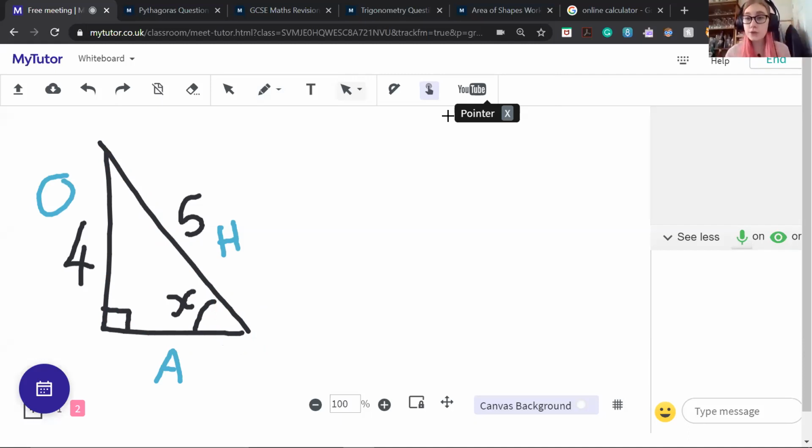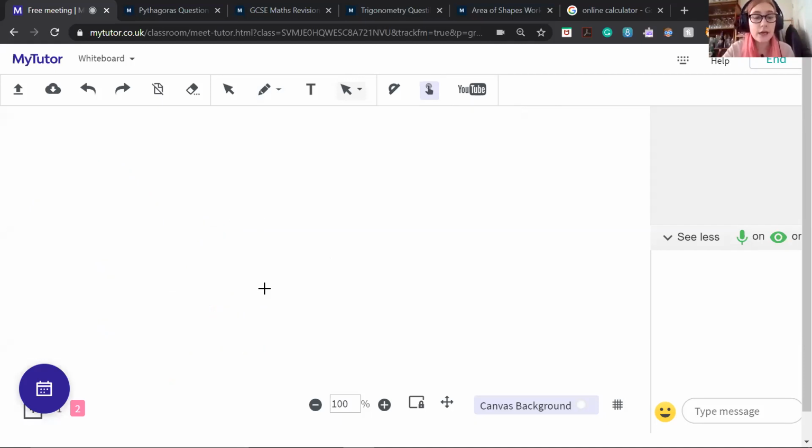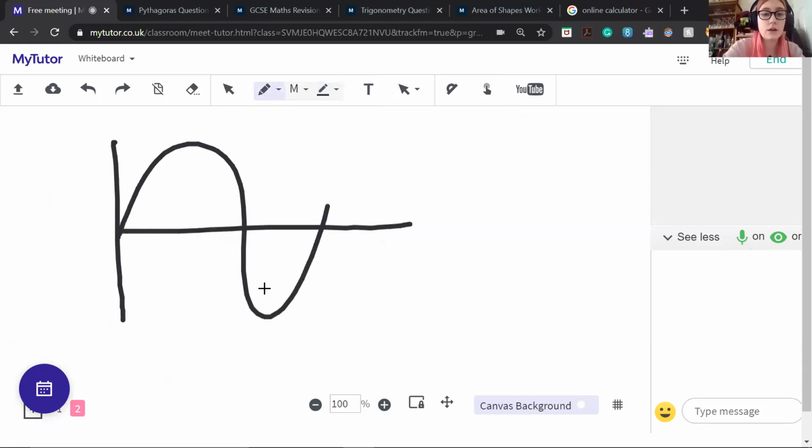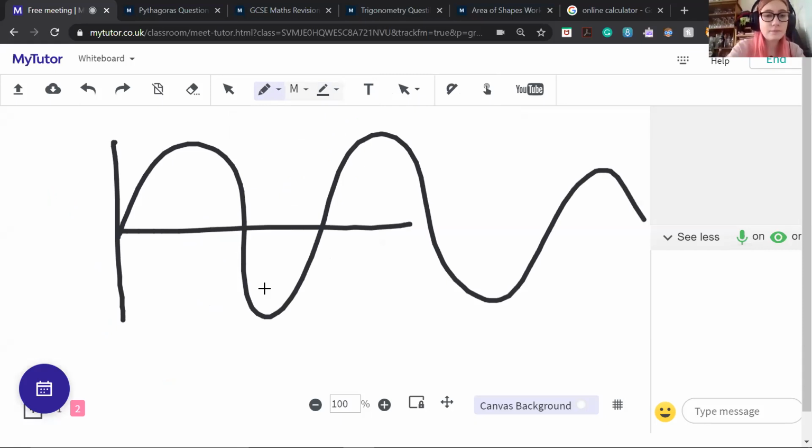The reason that we do these is so that we know which trig function to use. I talked about them yesterday, and I'll talk about it again. Trig functions are nothing scary. It's sine, cos, and tan, or sine, cosine, and tangent, to give them their full names. All they are is graphs that tell you how to map from one thing to another. For example, sine looks like this, and then it carries on and on.